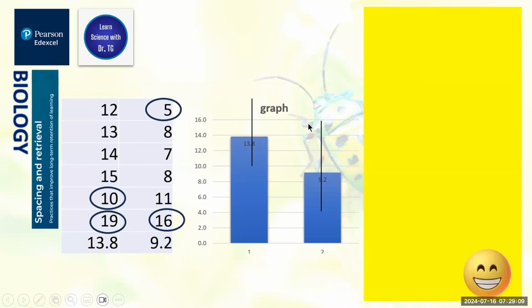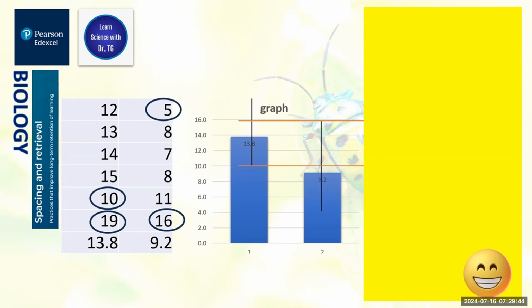If the line is longer, our measured values are not that accurate. That is also an important concept, the length of the error bar and the error bar itself. Now what we do, a simple method: we try to see whether the error bars of the control and the experiment are overlapping. So we can draw a line like this, and we can clearly show that part of the error bar of group 1, the control, and part of the error bar of group 2, the experiment, are overlapping.